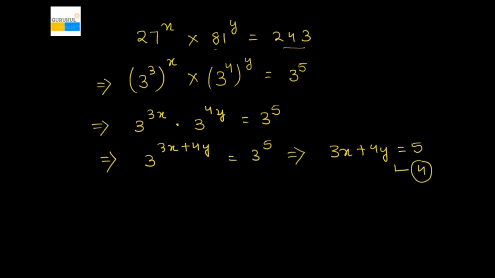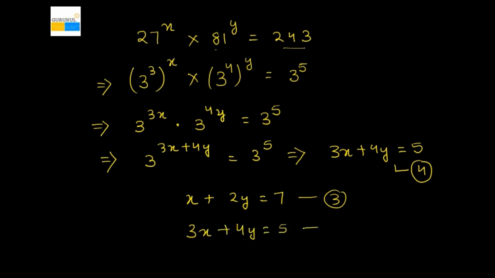Now if you solve equation 3 and equation 4, what was equation 3? You had x plus 2y equals 7. This was equation 3. And 3x plus 4y equals 5. You have this as equation 4.